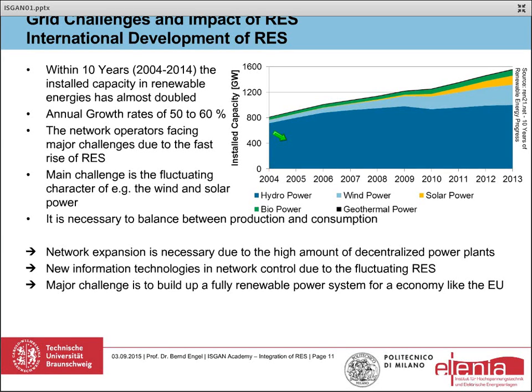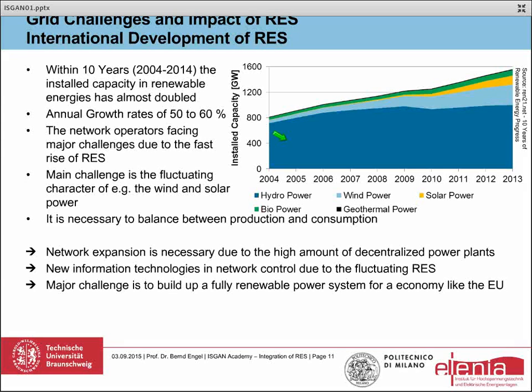The network operators are facing major challenges due to the fast rise of the renewable energy sources. The main challenge is the fluctuating character of the wind and solar power, and it is necessary to balance between production and consumption.